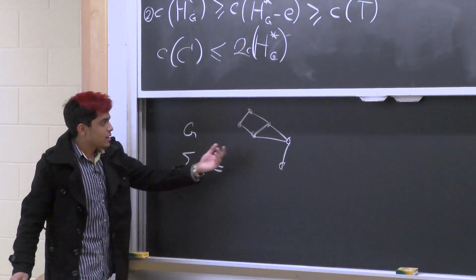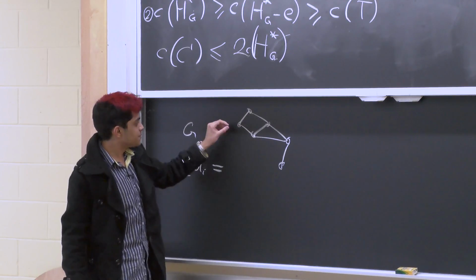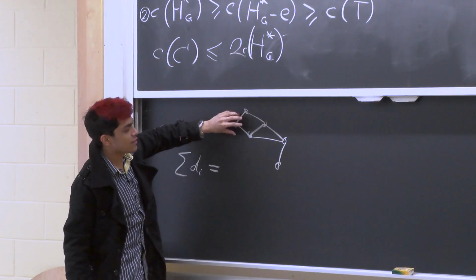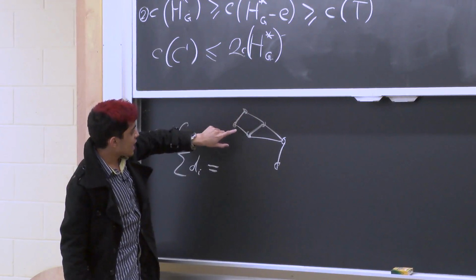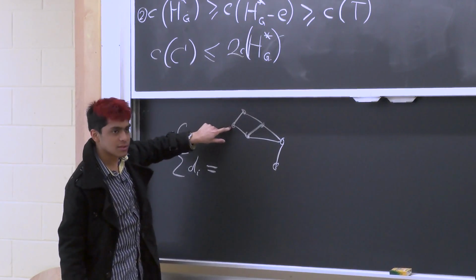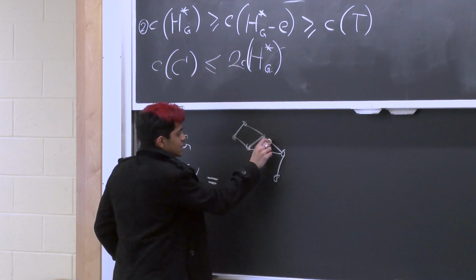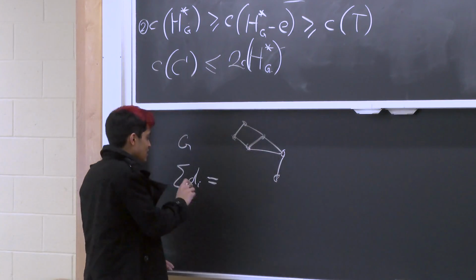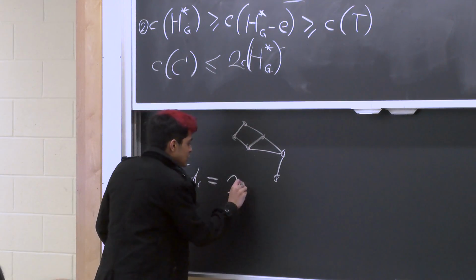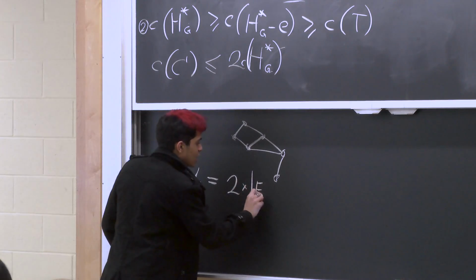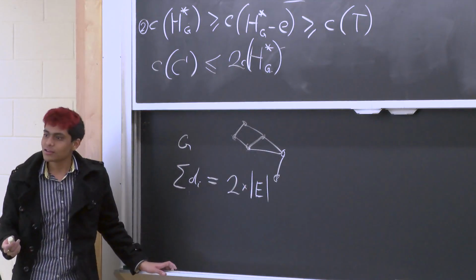Now, if you count the degrees of every vertex, you're basically counting the number of edges coming out, which means that every edge is counted twice. Once for this endpoint, once for this endpoint. So this edge is counted twice for here and here. This edge is also counted twice. So basically, the sum of the degrees is nothing but 2 times mod of E. Does that make sense? Right?